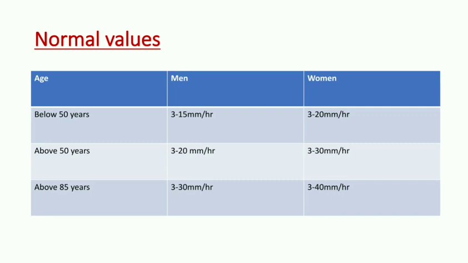Above 50 years, 3 to 20 mm per hour in men and in women 3 to 30 mm per hour. Above 85 years, for men, the ESR normal value is 3 to 30 mm per hour and for women it's 3 to 40 mm per hour.